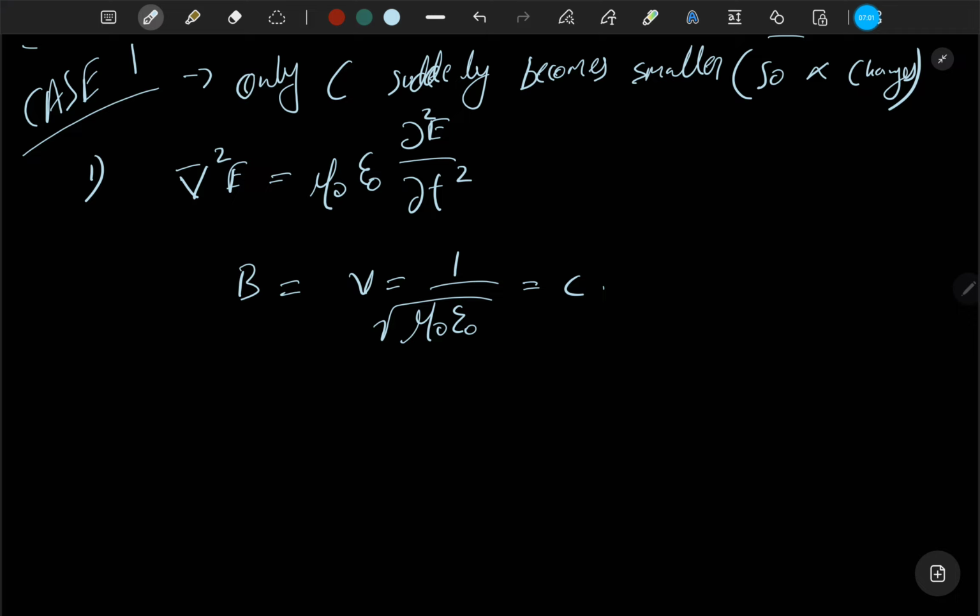So if suddenly mu naught epsilon naught jumps so that c becomes c dash, then every EM wave already in flight must obey the new propagation speed.